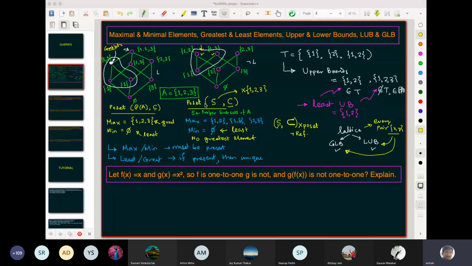So 1 and 24 will be the least and the greatest element, right? Yes, sir. But now you take two prime divisors. Now that doesn't have any greatest lower bound or least upper bound.